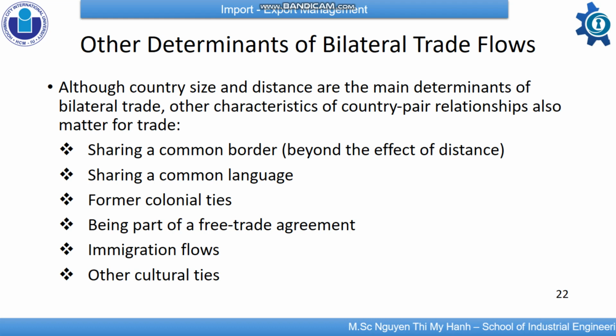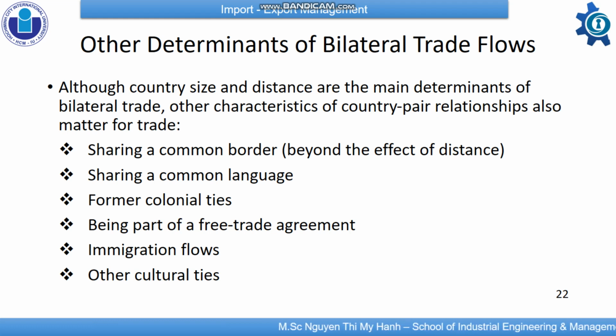Or two countries share a common language. They also tend to trade with each other more because it will be easier when they speak the same language. Okay, or another characteristic is former colonial ties.